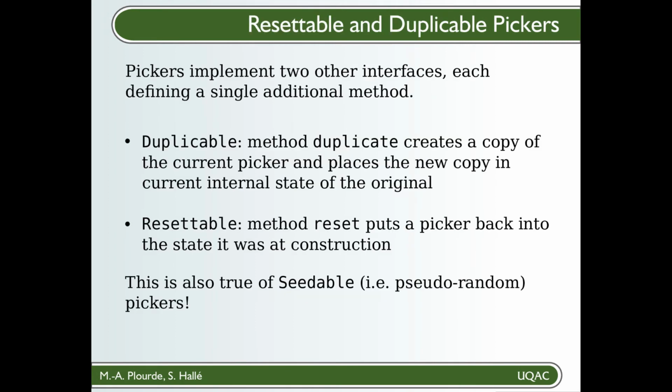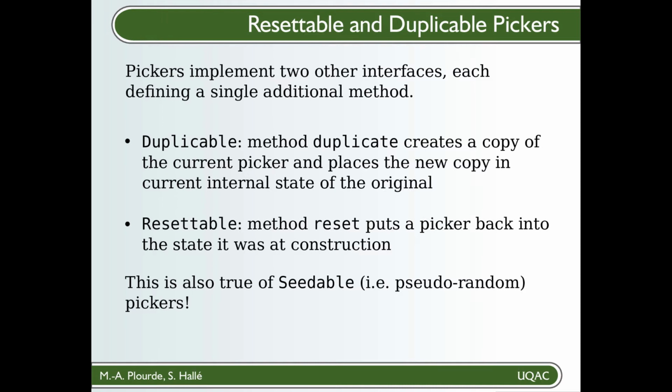Any picker can be cloned and also put back into its initial state at any moment using two methods called duplicate and reset. A call to duplicate creates a new copy of the picker and places the new instance in the same internal state as the current state of the original. On its side, a call to reset restores the picker to its uniquely defined initial state.